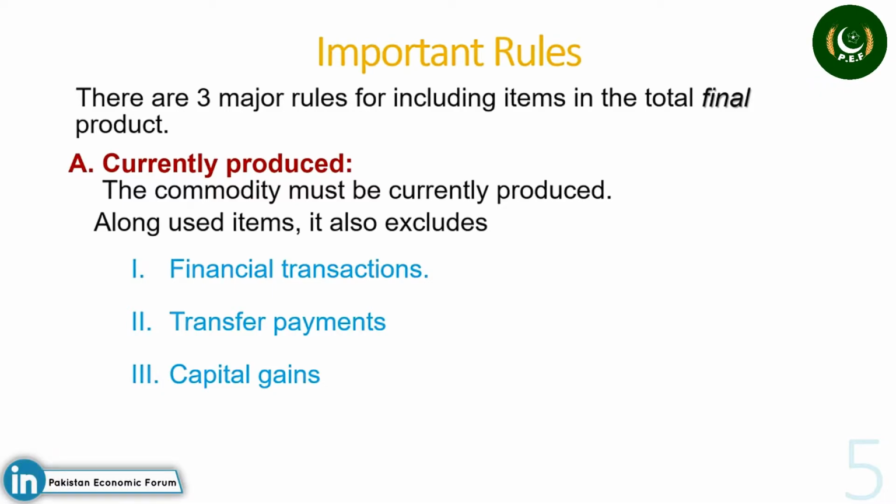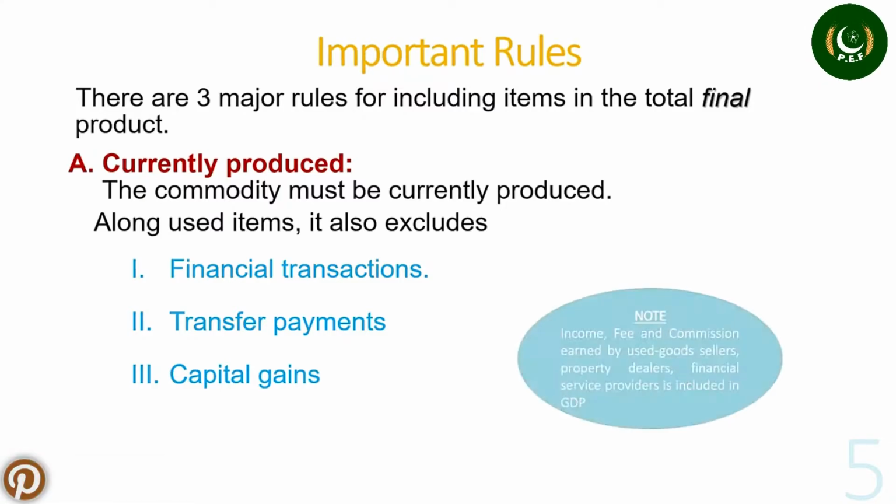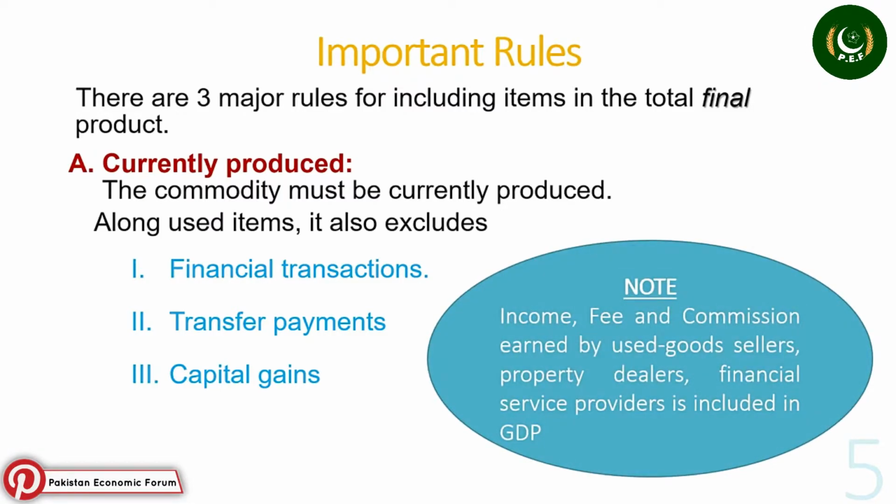It is also important to note that income, fees, and commissions earned by used goods sellers, property dealers, or financial service providers are included in GDP. Can you answer why this is so?